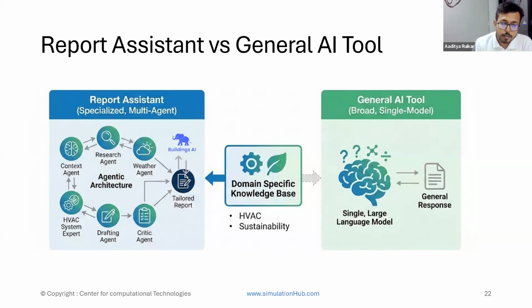So there is not one critic agent; there are different critic agents that check the report from different aspects and provide you a tailored report. Another power is that this report assistant is very tightly integrated with Buildings AI, so as your project progresses, you do heat load calculation or energy calculation.